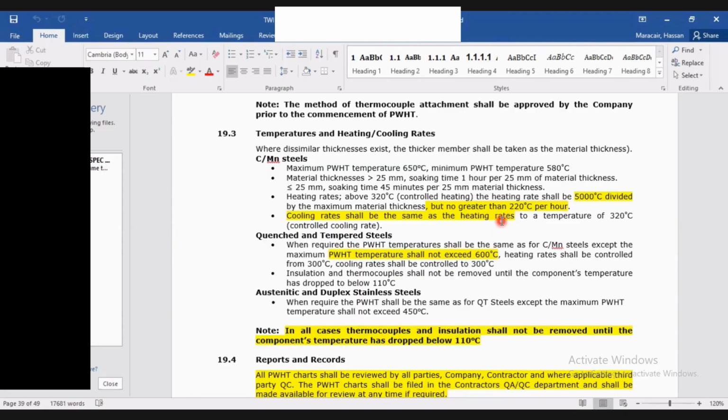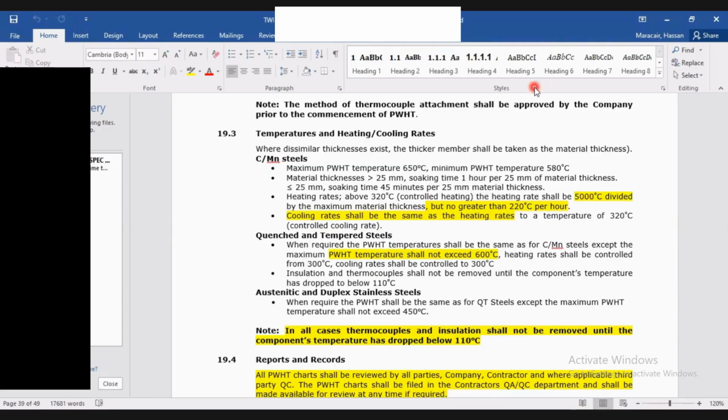We got 200, right? If the thickness is 2 inch, so we divide by 50. What's the answer? 100. Okay.